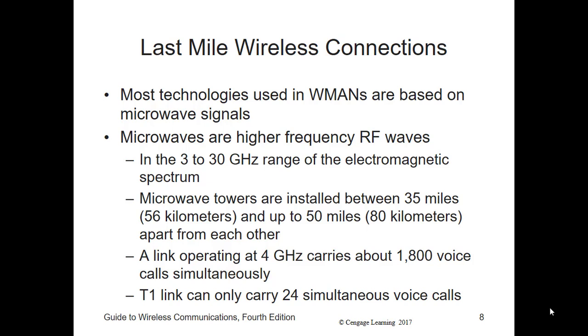Microwave towers today are installed between 35 to 45 miles apart, and a microwave link operating at 4 gigahertz can carry about 1,800 voice calls at the same time. In comparison, a T1 can only carry 24 voice calls at the same time.